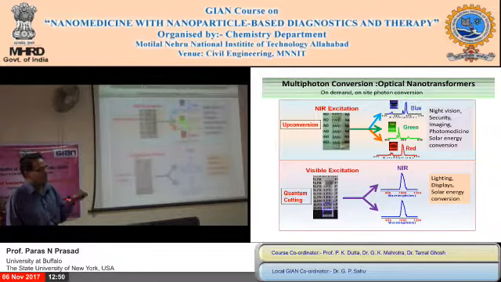It doesn't have enough energy to activate a drug or therapy, like photodynamic therapy. But if you can convert it with a nanoparticle sitting there into a green or blue light that you need to activate a therapy or a biological process, or stimulate neurons, then it can be useful.